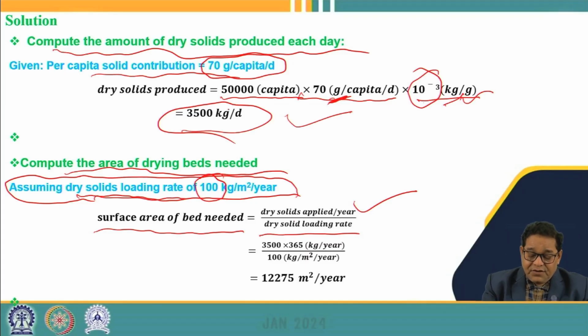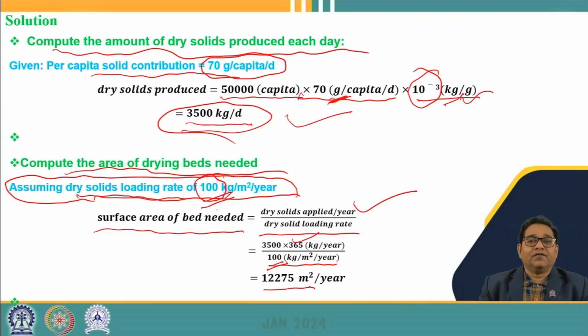Here 3500 kg per day is generated, and if we multiply with 365 we get the total dry solids produced in a year, and then divide by the dry solid loading rate, which we have assumed as 100 kg. After putting this in, we get the total area required, that is 12,275 meter square per year.